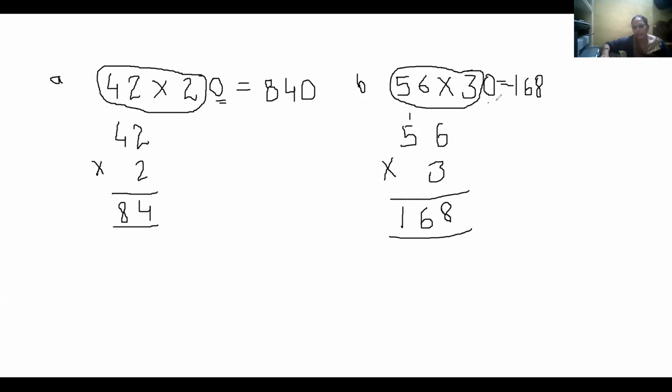And see here you have this 0, so put 0 here. So I hope this is clear to everyone, how to multiply a number with 20, 30, 40. Okay?